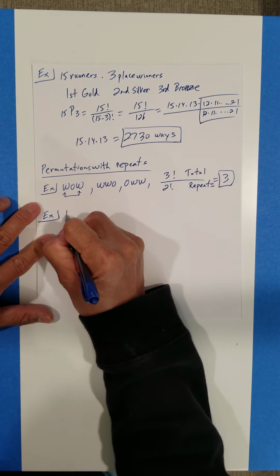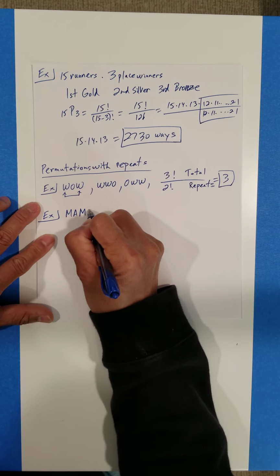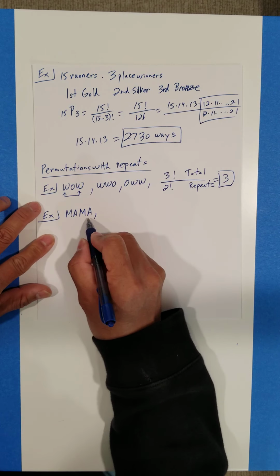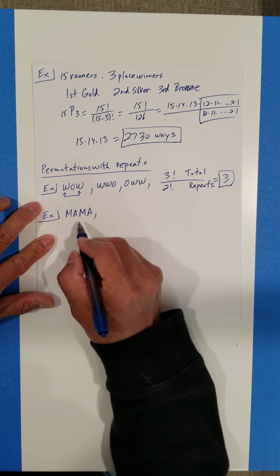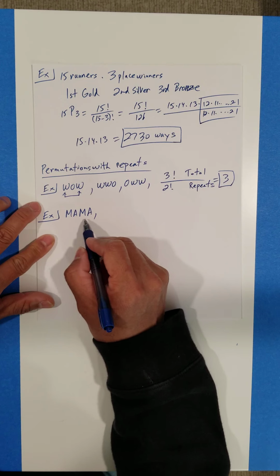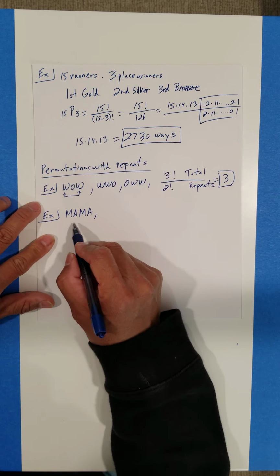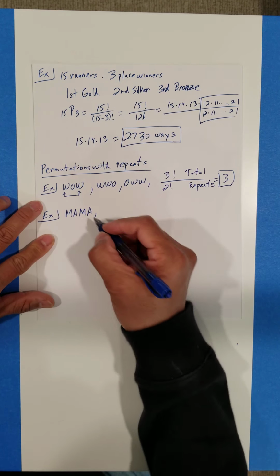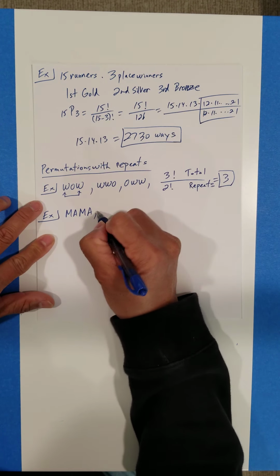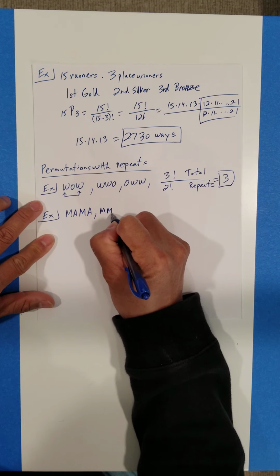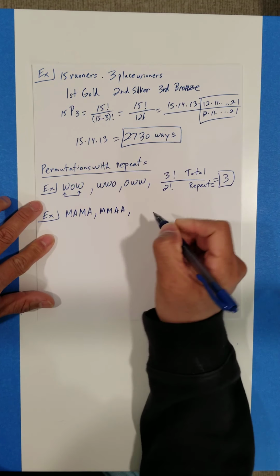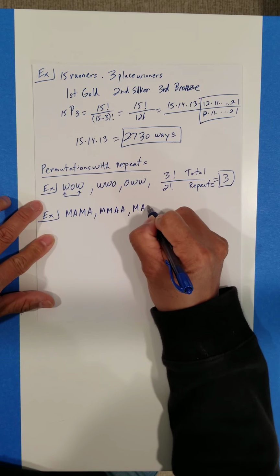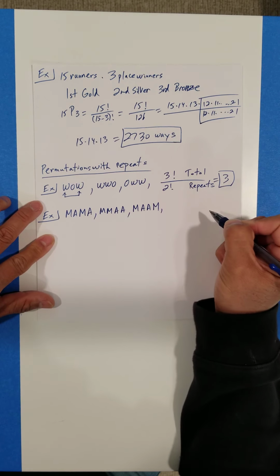For example, mama. How many ways can you rearrange the word mama? There are 4 letters total, but there's 2 M's and 2 A's, and you can't tell the difference between the M's and the A's. So let's rearrange the word mama. There's M, A, M, A. There's M, M, A, A. That's 2. There is M, A, A, M. That's 3.